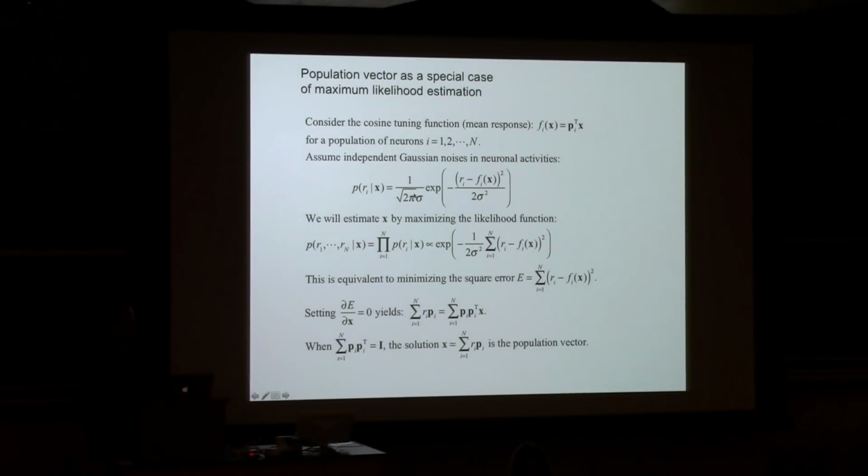Usually, if a neuron gives a bigger response, you have a tuning curve with a peak, and with the bigger response the noise also increases. It's more like Poisson rather than Gaussian. But if the Gaussian model is used as an approximation, then maximizing the probability of the data is equivalent to minimizing the error. And in this special case, when the preferred directions are distributed uniformly without second order correlation, the solution is exactly the population vector.